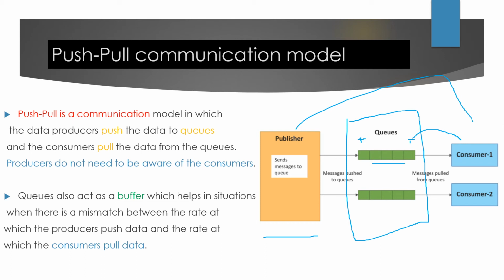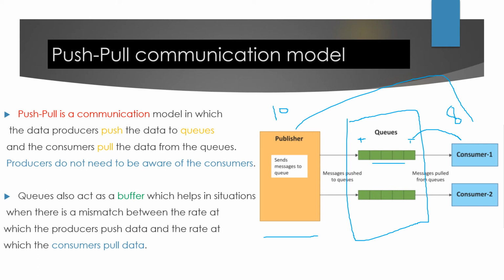Let us say the publisher is pushing the data to the queue at 10 kilobytes per second, but the consumer is only able to receive the data at a speed of 8 kbps. So there is a difference of 2 between the rate at which the data is being produced and the rate at which it is pulled from the queue.